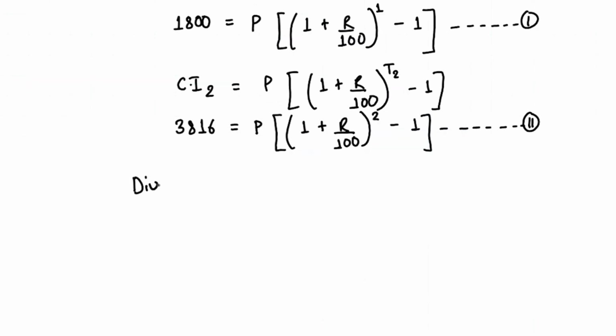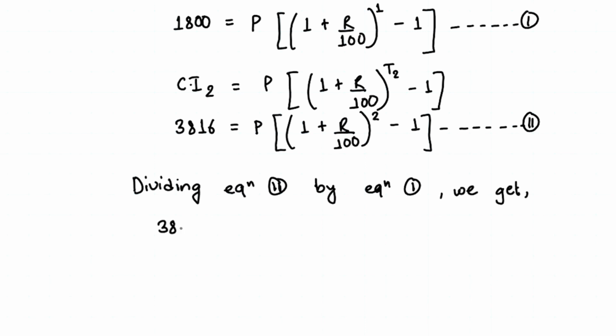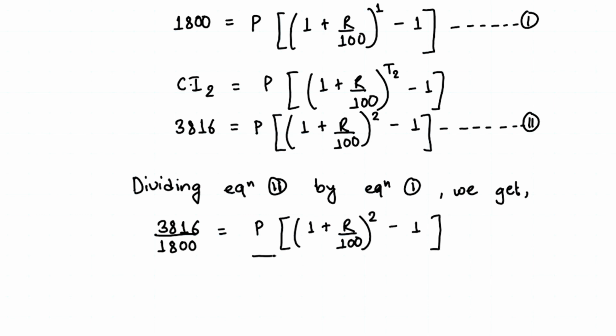So dividing equation 2 by equation 1, we get 3816 divided by 1800 is equal to, we have our P big bracket, small bracket 1 plus R divided by 100 whole square minus 1, divided by, again we have P big bracket, small bracket 1 plus R divided by 100, bracket close. Here we had 1, we can just ignore that, minus 1.